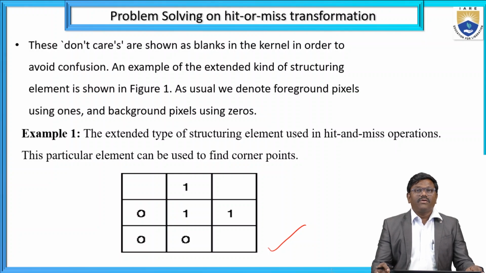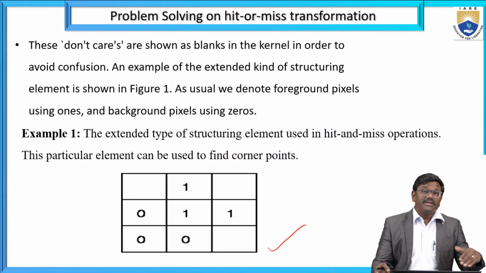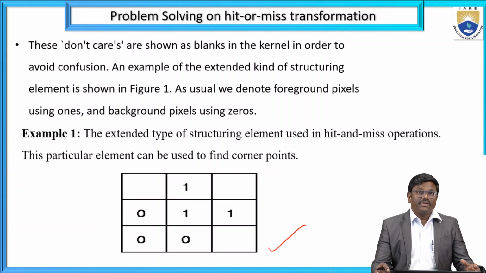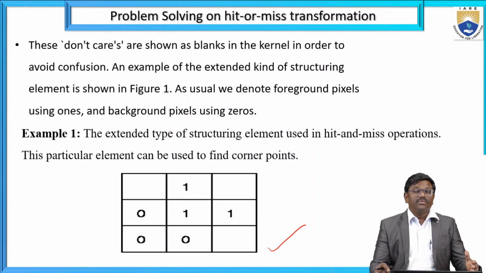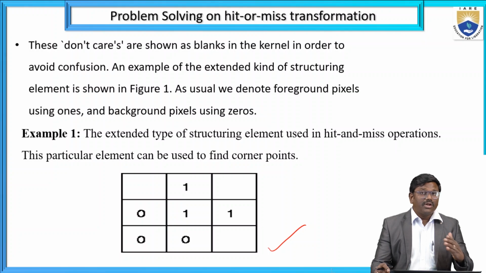An example of the extended kind of structuring element is shown in the figure. As usual, we denote foreground pixels using ones and background pixels using zeros.